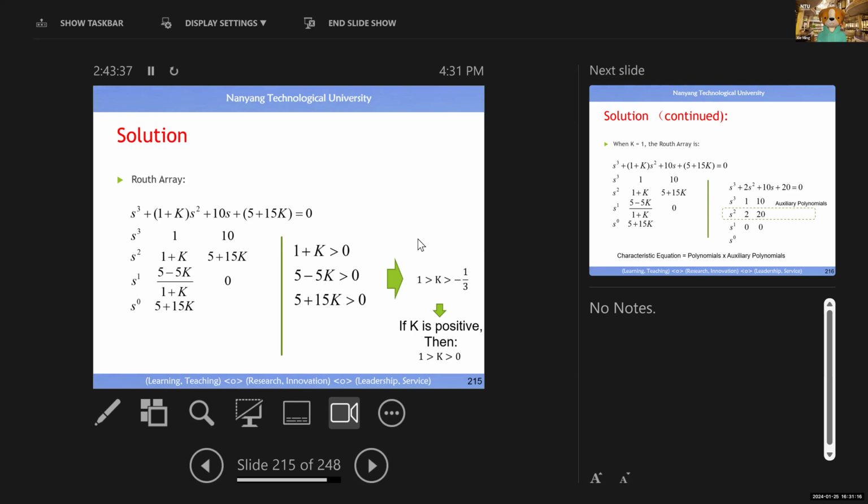Then you have these 3 conditions. For this one, K must be greater than negative 1, K must be smaller than 1, K must be greater than negative 1 over 3. This is the condition. You choose the value of K between 1 and negative 1 over 3. Done already, the system is stable. You see, it is very easy to design a control system which will be stable, right?